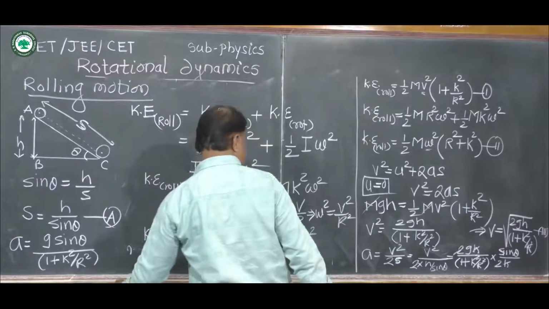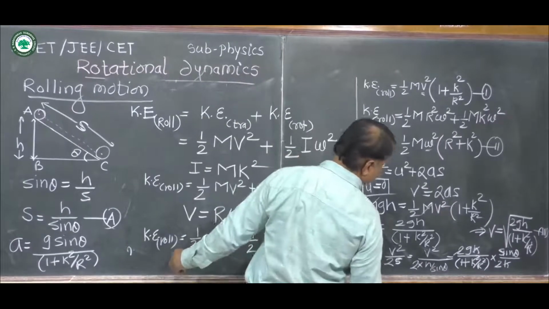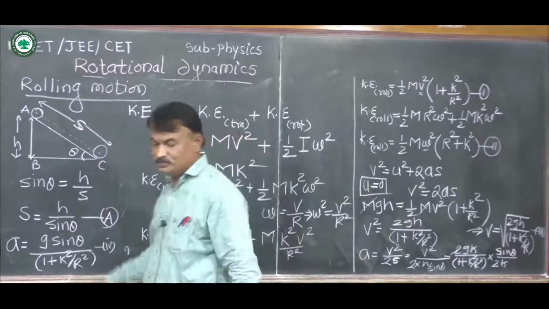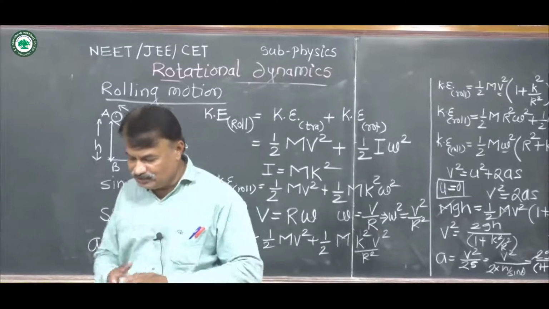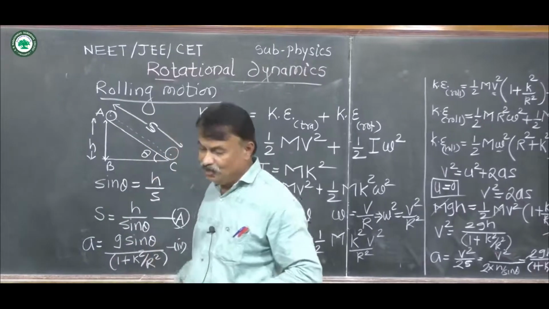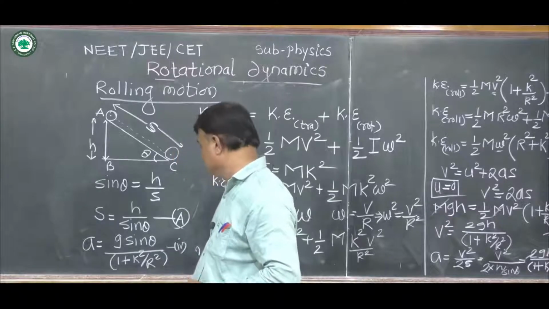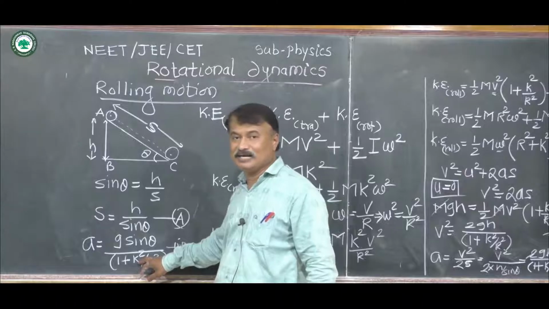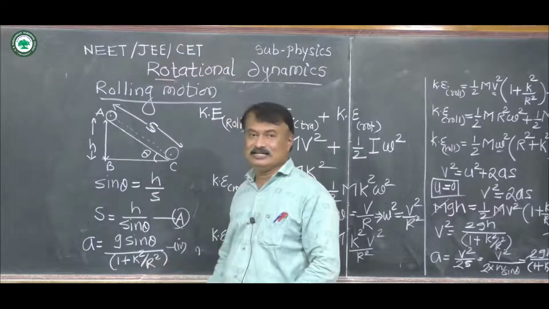So this is equation 4. Equation 4 gives us the acceleration of this body, which is equal to g sin theta upon 1 plus k square upon r square, where k is the radius of gyration and r is the radius of that body.